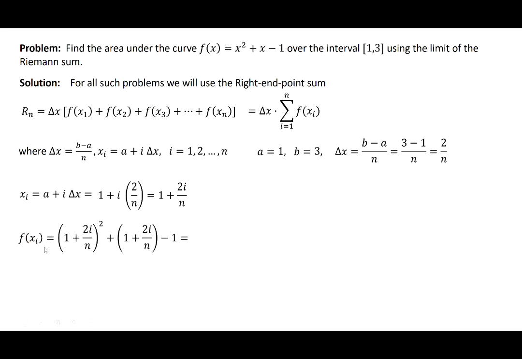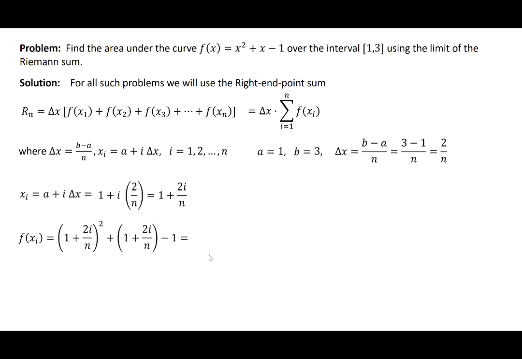f of x sub i: wherever I see an x, I plug in 1 plus 2i over n. So the quantity 1 plus 2i over n squared, plus 1 plus 2i over n, minus 1. Let me pause there. Let's take a good look at it and see if that makes sense or not. Right? Cool.